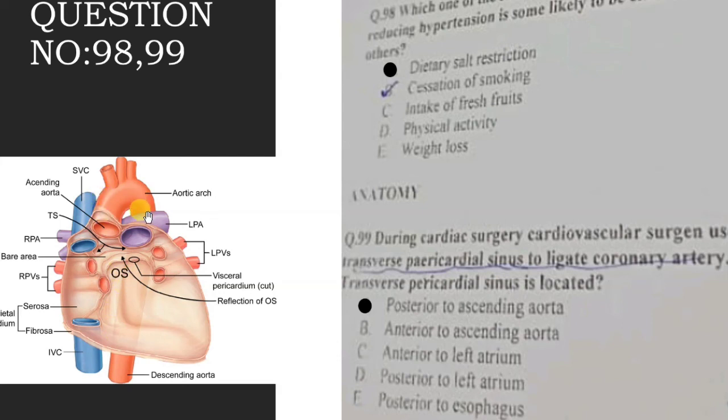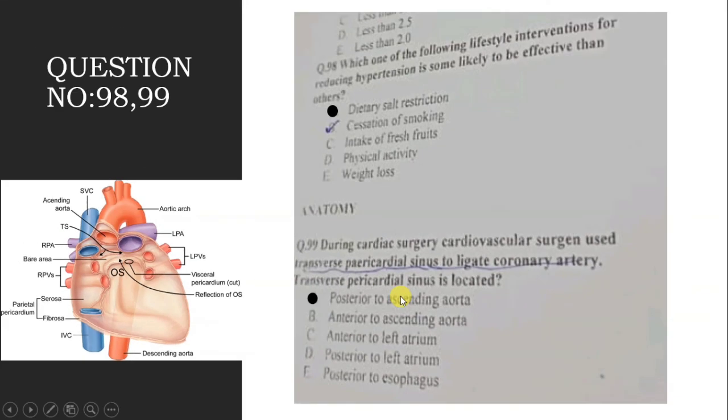If we look at the heart from the anterior side, this is the ascending aorta, this is the arch, and this is the descending aorta. The transverse pericardial sinus is located posterior to the ascending aorta.